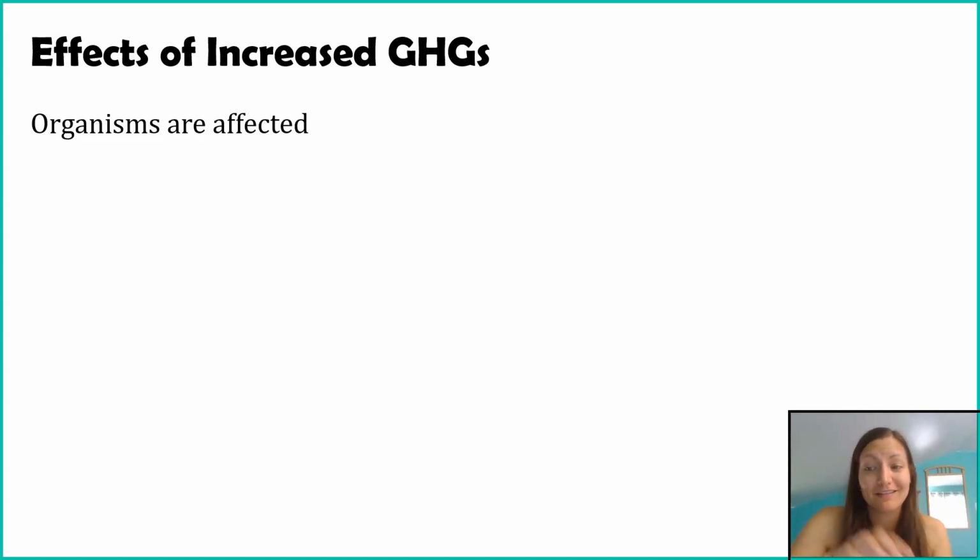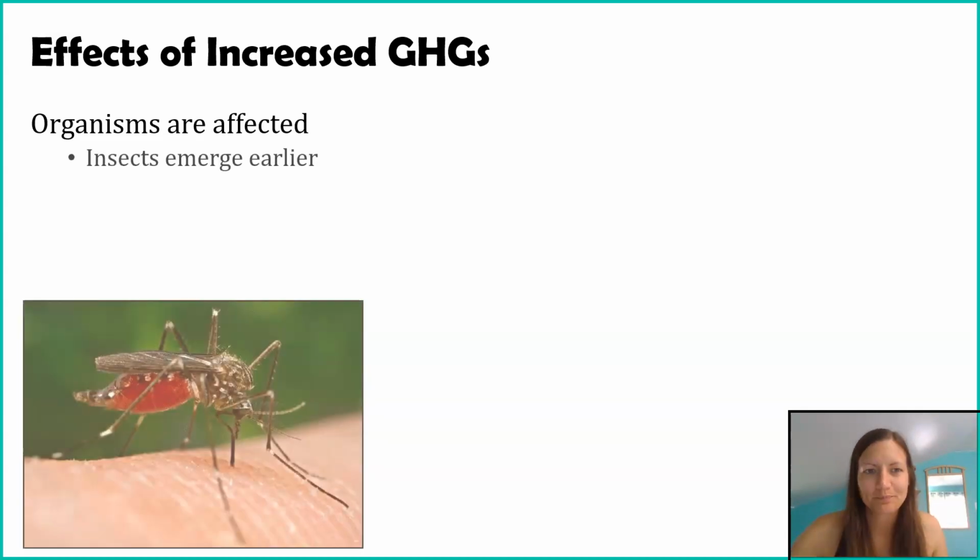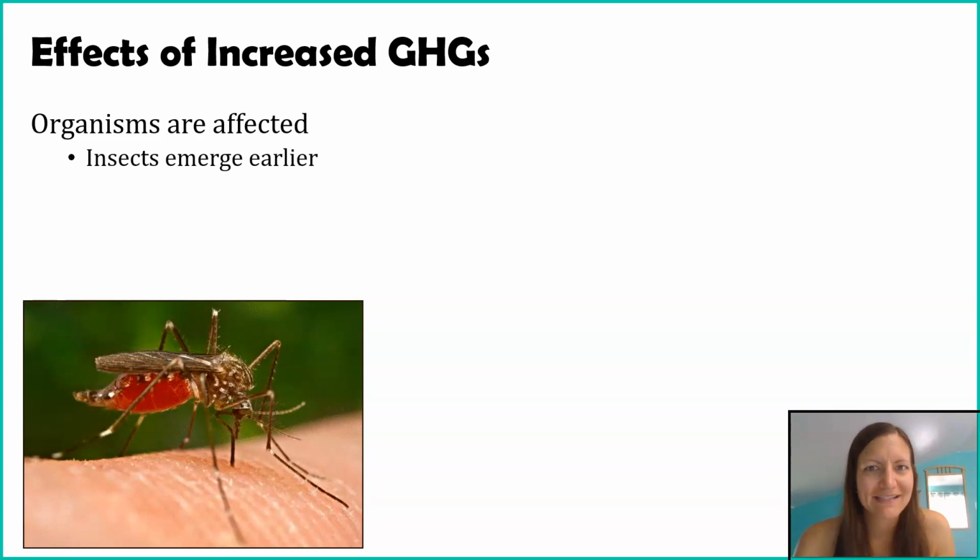And those impacts can impact humans as well. So we'll still tie it back to humans. So let's think about insects. Insects need warm temperatures. This is why we don't have mosquitoes in the wintertime. This is why we don't have wasp problems and yellow jacket problems in the wintertime. They need warm temperatures.